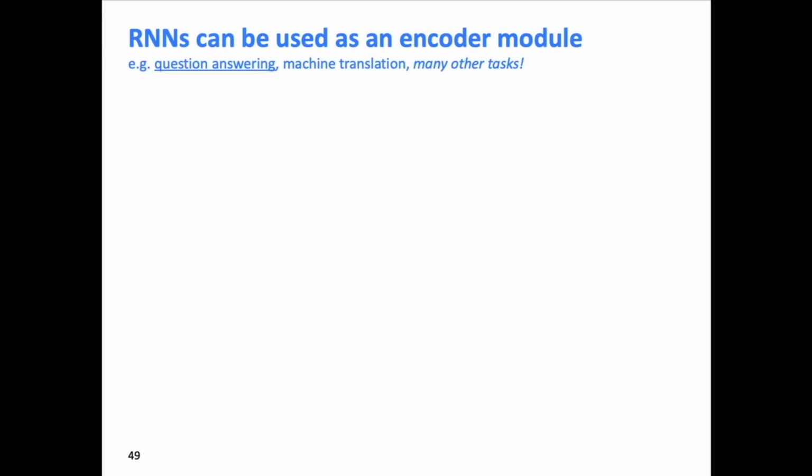Okay, another thing that you can use RNNs for is as a general purpose encoder module. Here's an example that's question answering, but really this idea of RNNs as a general purpose encoder module is very common, and you use it in a lot of different deep learning architectures for NLP.